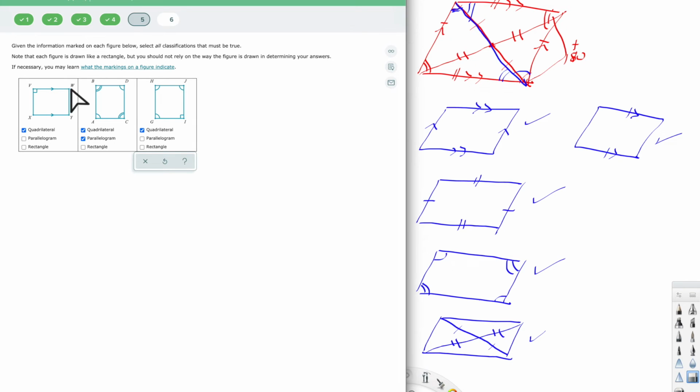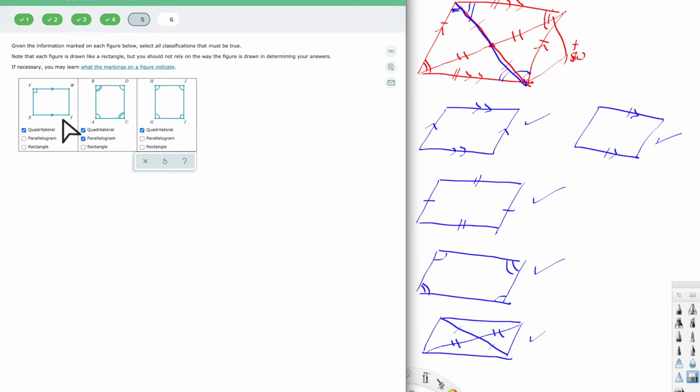I don't think we can prove, I'm trying to remember off the top of my head, there's nothing I can think of really quick that I could prove. It looks like a right angle, but I don't think we can prove that it's a parallelogram just with those two pieces. We would need to know something about these angles over here. I could be wrong about that guy, but I'm going to say that we can only say it's a parallelogram for that one.